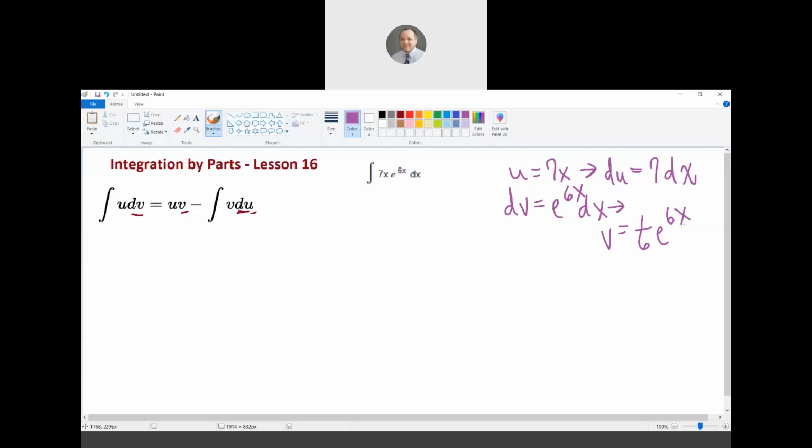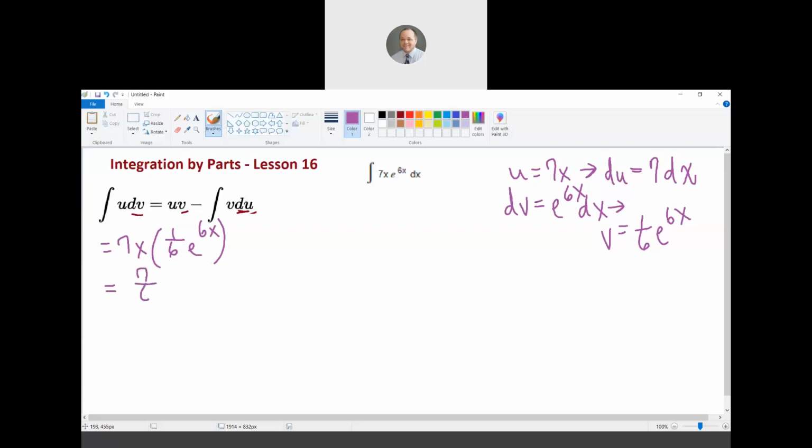Now let's plug everything into our parts formula. U is 7x times v, which is 1 over 6 e to the 6x power. Let's go ahead and simplify and multiply.